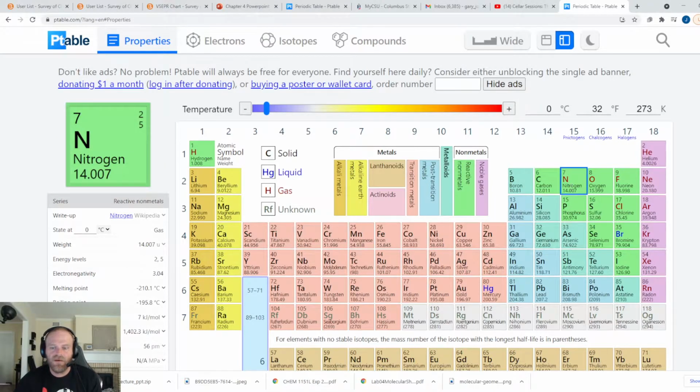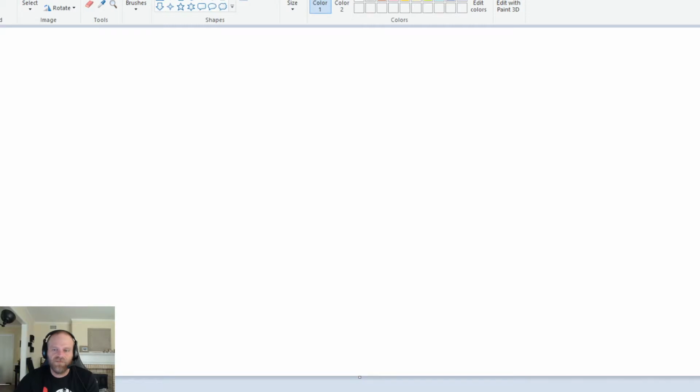Now that we've established that, let's look at how to draw the Lewis dot structure for those. Let's just pick one. Let's say nitrogen, since it's sitting right there. For nitrogen, the first thing I want to do is start with the chemical symbol N, and then it has 5 valence electrons because it's in group 5.